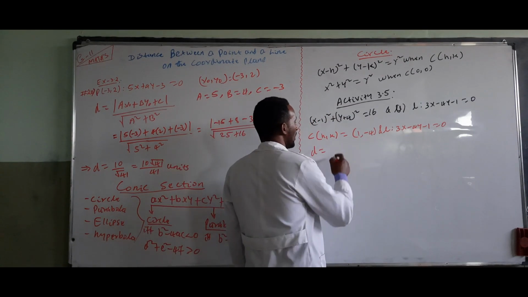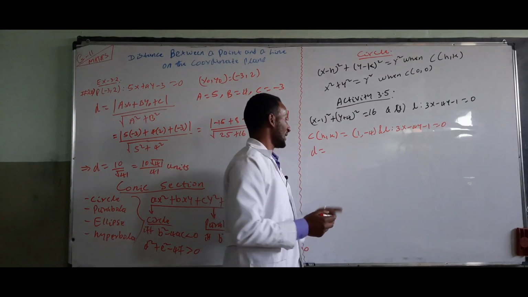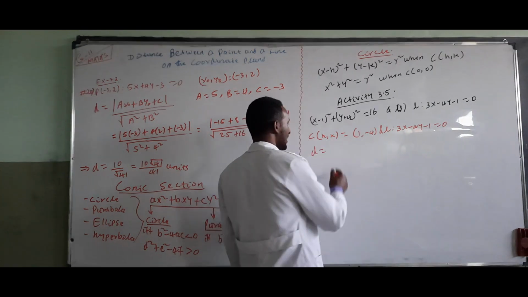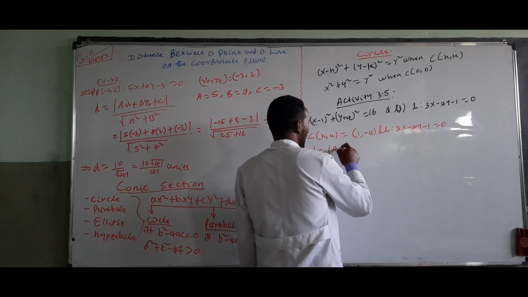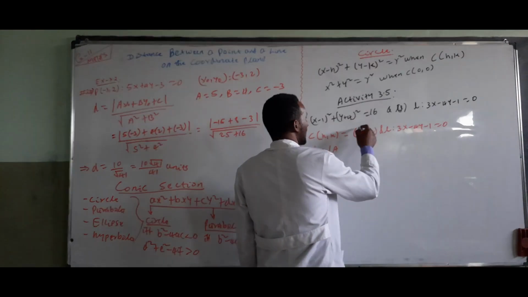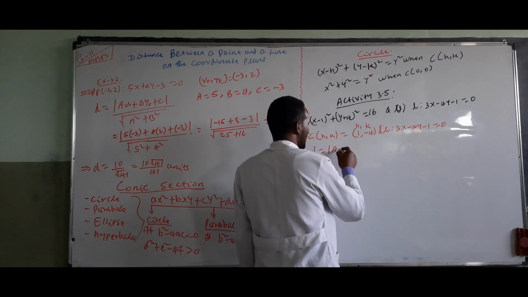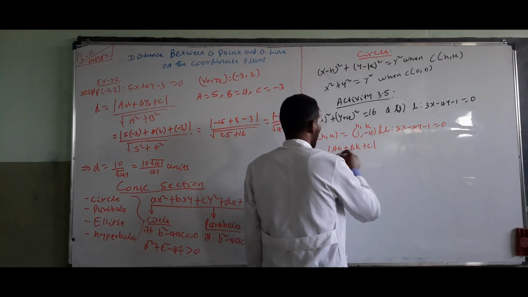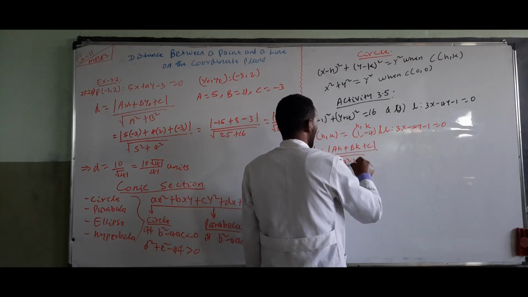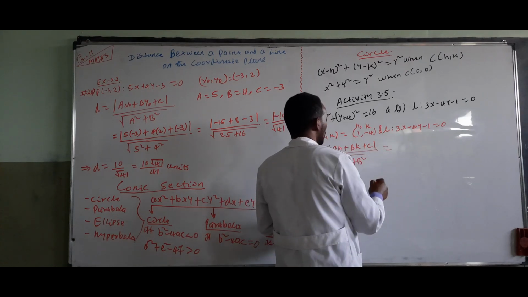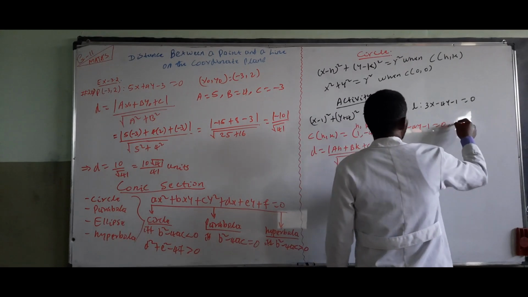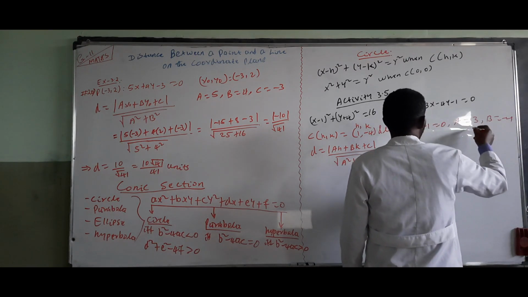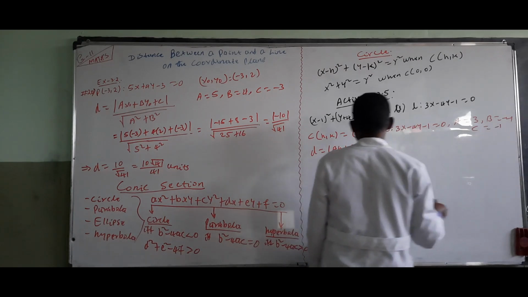The distance between the center and this line is the absolute value of a·x₀, which we can substitute by h, k: |a·h + b·k + c| over the square root of a² + b². From the given equation, a is the coefficient of x, which is 3, b is the coefficient of y, which is −4, and c is −1.